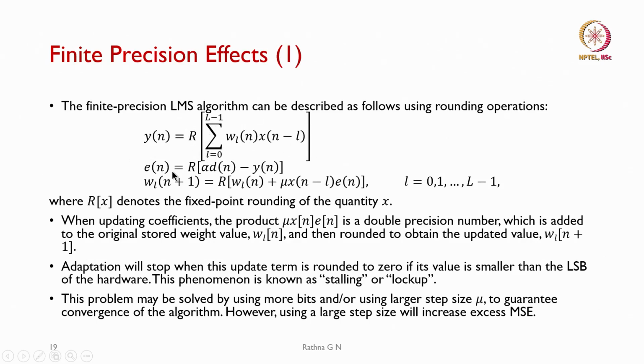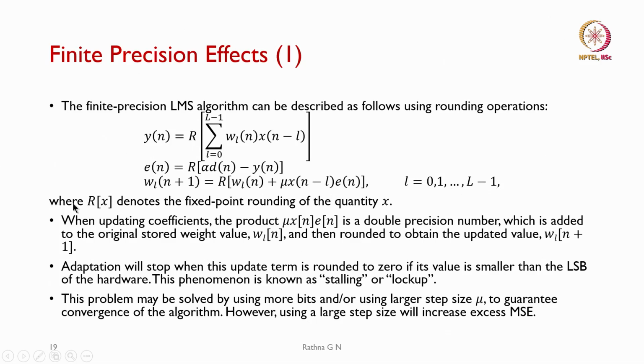Then e of n results as the rounded value of A times d of n, the scaling of our desired signal, minus y of n, the magnitude of which will be rounded. Then the weight updating function is also going to be rounded, and you will have the W of n equation with x of n minus l into e of n, where l varies from 0 to L minus 1.